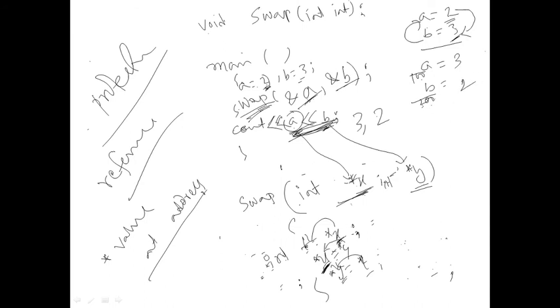Means we are changing through the formal pointer variables, and the pointer variables are holding the actual addresses of a and b. So it is obvious that the changes will be reflected in the values of a and b, because the variables are just the names, and the actual thing is the location.